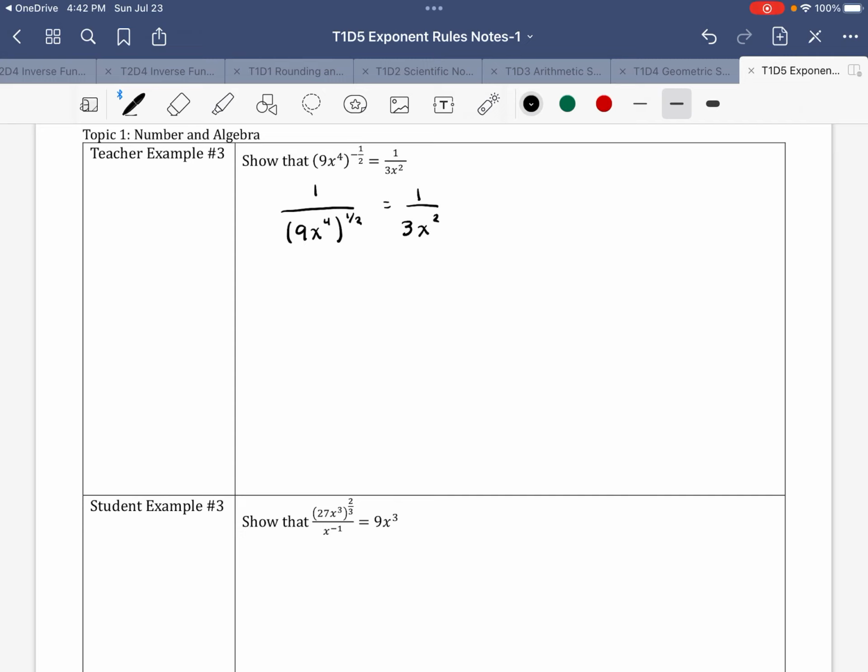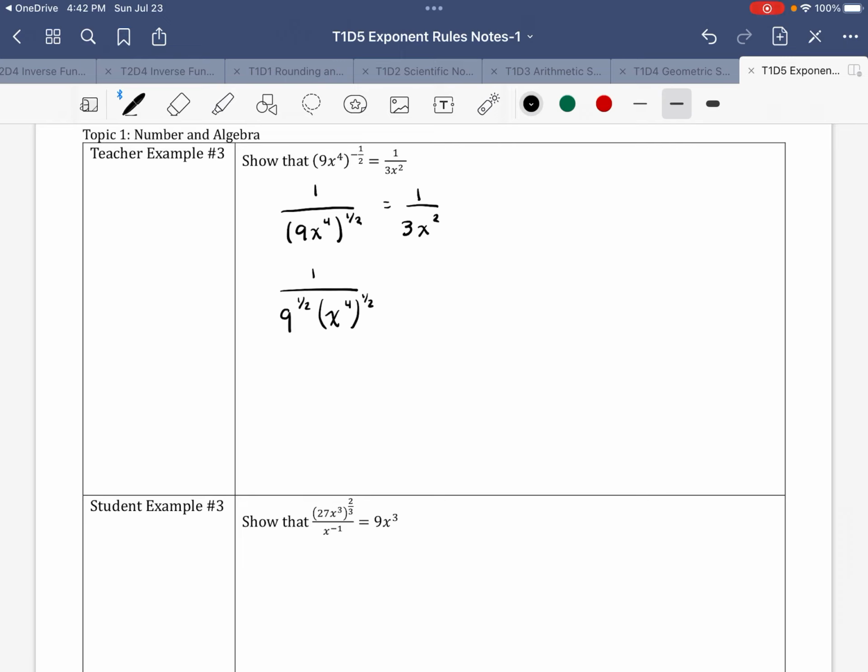Okay, and now since I have that 1/2 exponent, I'm going to apply it to my coefficient and to my variable term. So I have 9 to the 1/2 power and x to the fourth to the 1/2 power.